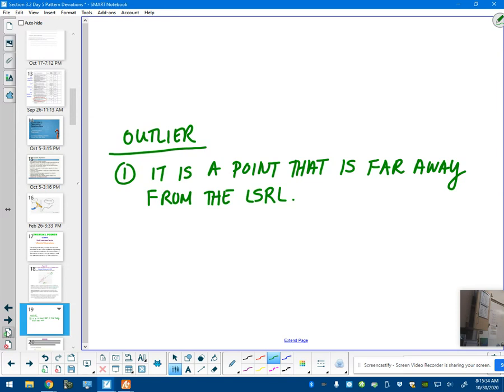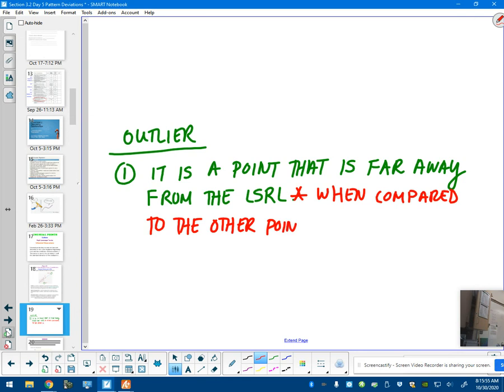An outlier is a point that is way up above or way down below the least squares regression line, but this is important: when compared to the other points, it has a large residual.